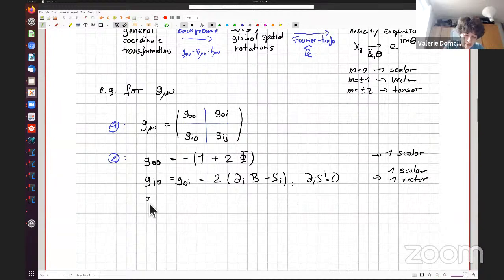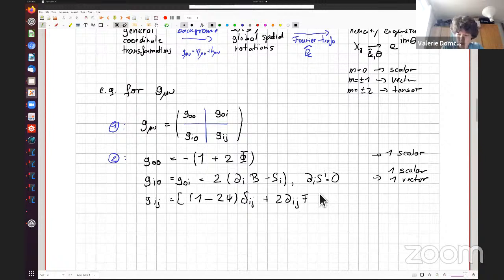And then we can do the same game with the pure spatial components. So now the flat space part would just be 1. Now we need to add something which has 2 indices, right? So one way of doing it is by adding a delta function. Another way of doing it is by adding 2 derivatives.